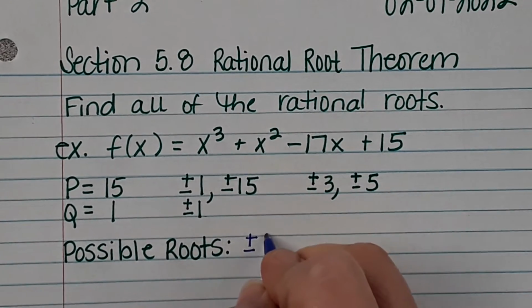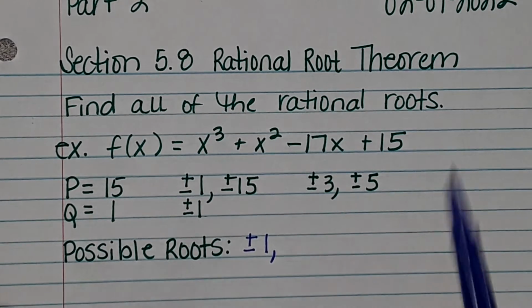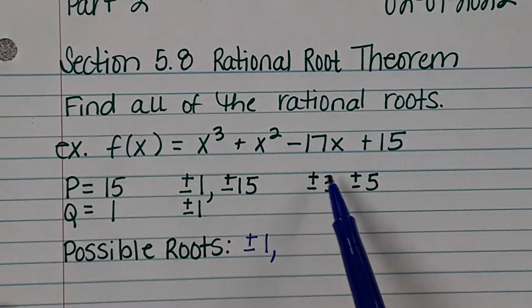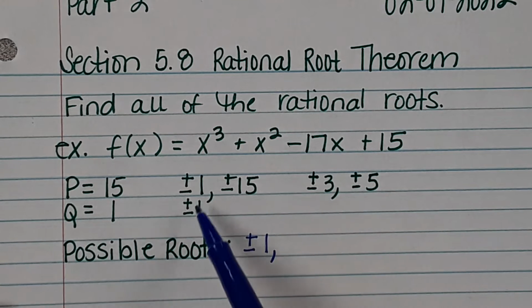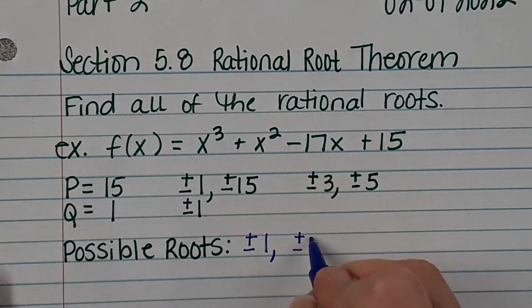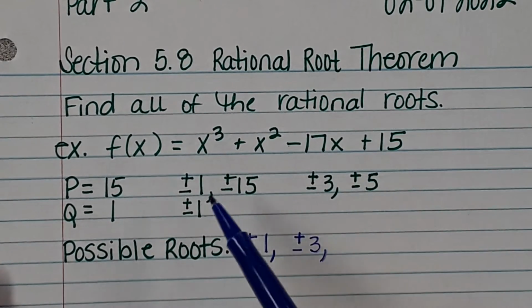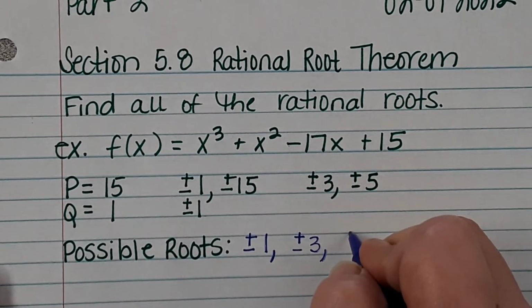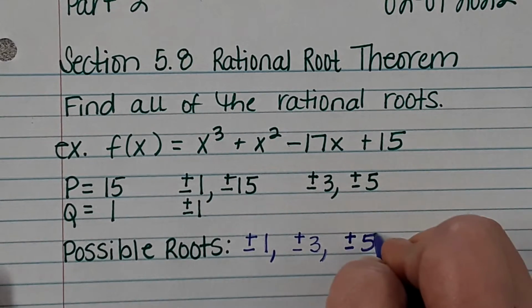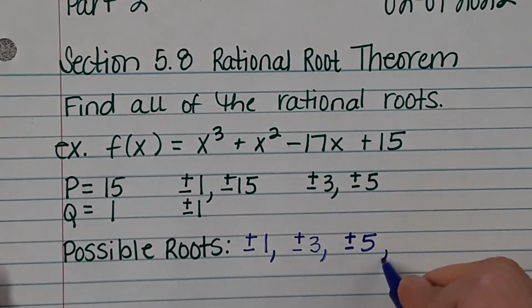Now when you list your possible roots, we want to put them in order from smallest to largest. So now, positive or negative 3 over positive or negative 1 gives you, positive or negative 5 over positive or negative 1. And then positive or negative 15 over positive or negative 1 is?